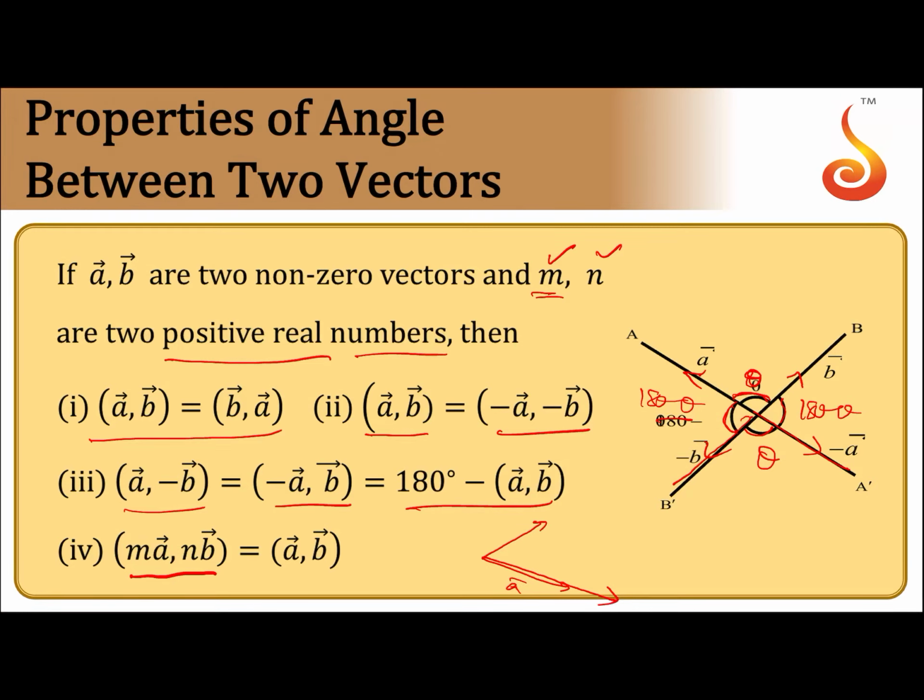And if B bar is in this direction, nB bar will be in this direction. So the angle between A comma B is the same as the angle between mA and nB. Both are the same here. But what happens when m and n are negative? It is the same as the previous case, m and n can be replaced and they can be defined accordingly.